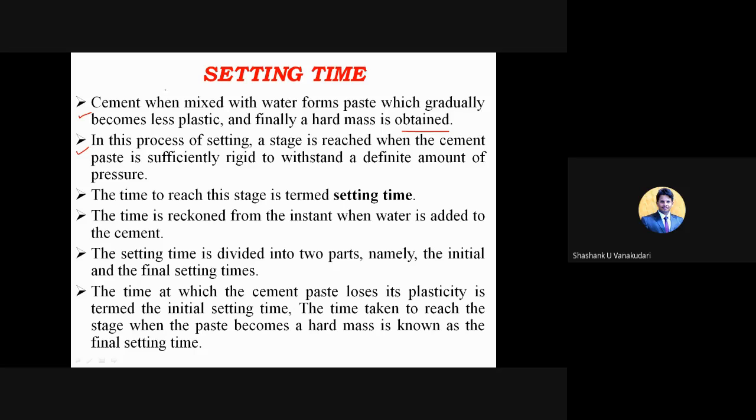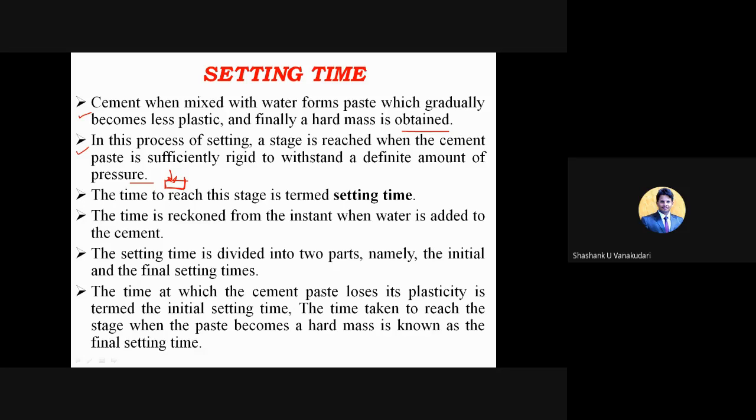So in this process of setting, a stage is reached when the cement paste is sufficiently rigid to withstand a definite amount of pressure. So once you apply a certain amount of pressure, it should not change its place. You can place the cement paste in any bowl and check by applying certain pressure.